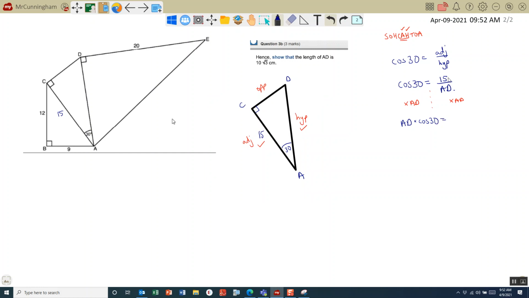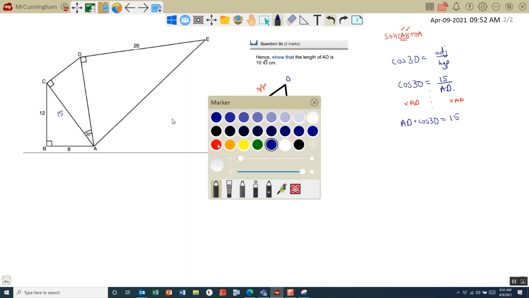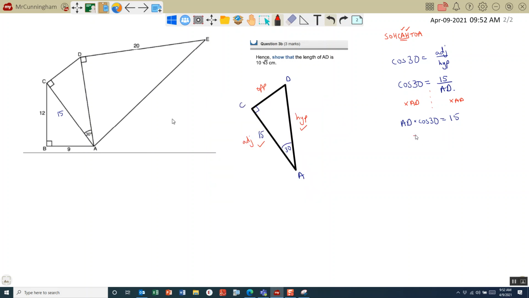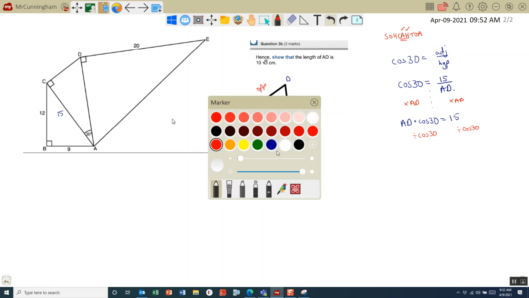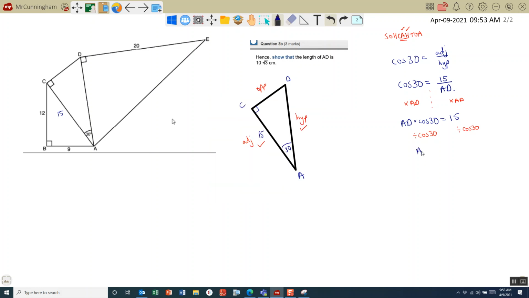And on the right-hand side, because I'm multiplying by AD, it eliminates the fraction, and I'm just left with 15. And then to get AD by itself, I need to divide both sides by cos 30, because cos 30 is multiplying the AD. And that gives me AD equals 15 divided by cos 30.